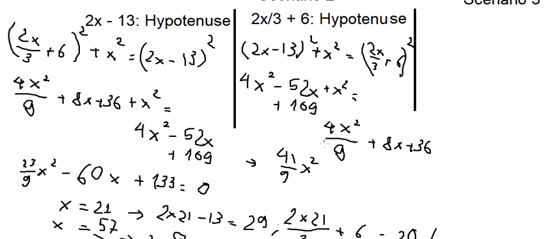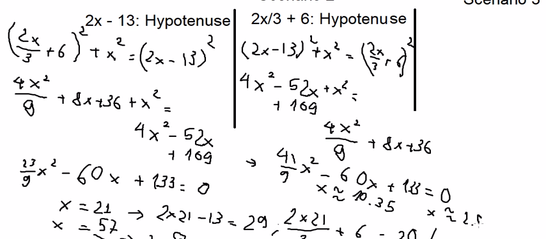This one goes here, you get negative 60x, and this one goes here, you get 133. So you get x approximately 10.35, and x approximately 2.82.